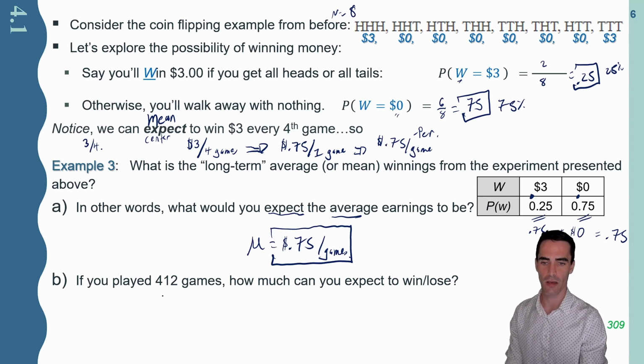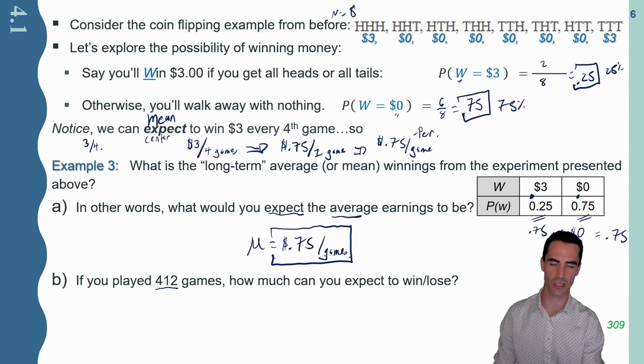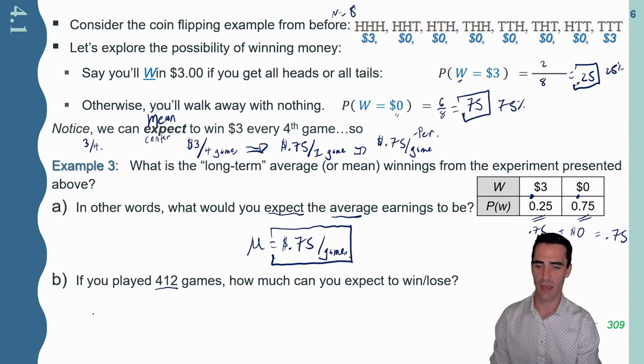So let's say we play 412 games. How much can you expect to win or lose? We're going to do a little bit of fraction unit cancellation, if you will. So I have the number of games, and then I can multiply that by my dollars per game. In fact, the dollars per game, that's exactly the mean. I can multiply the number of games times my average or my expected earnings.